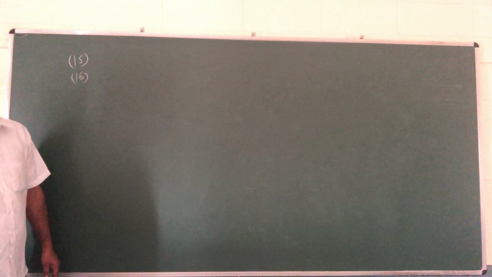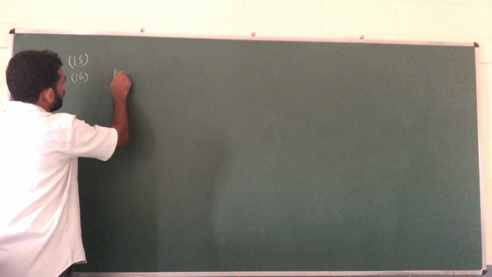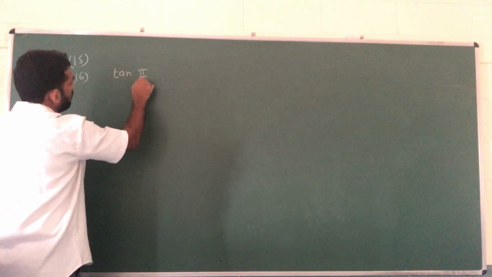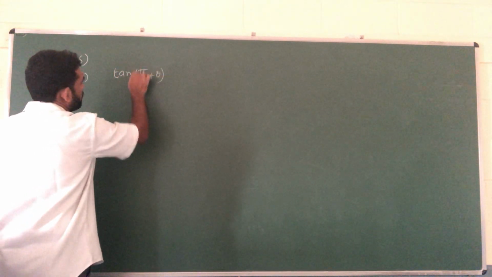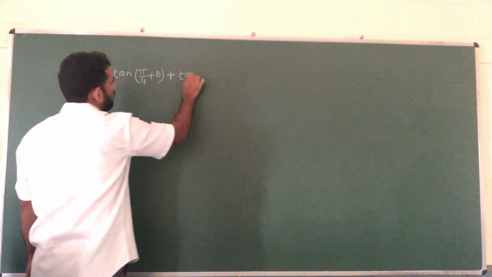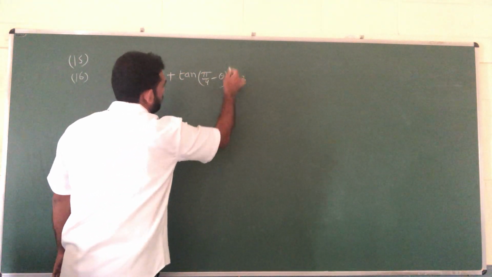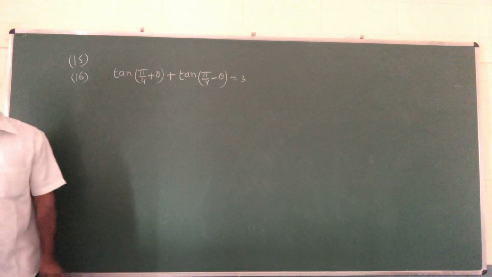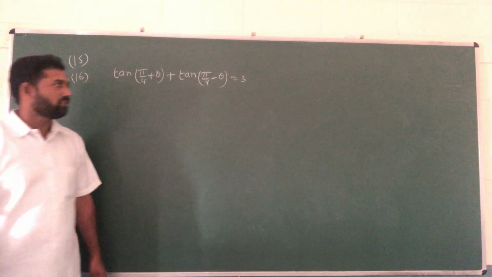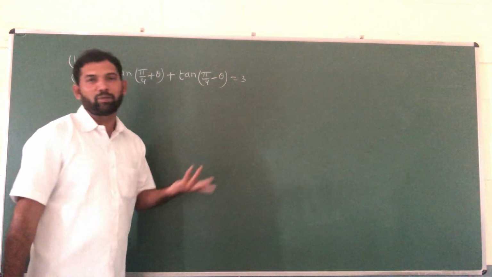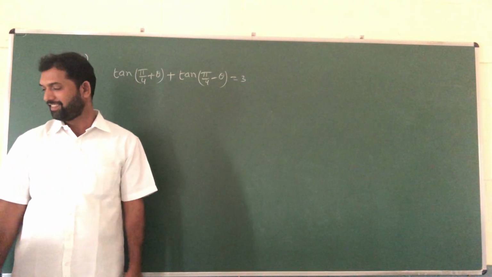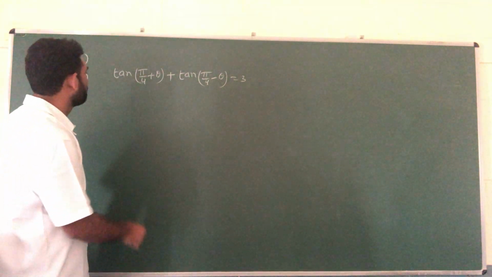Tan pi by 4 plus theta plus tan pi by 4 minus theta is equal to 3. So what are we going to simplify? Squaring on both sides will give the solution.